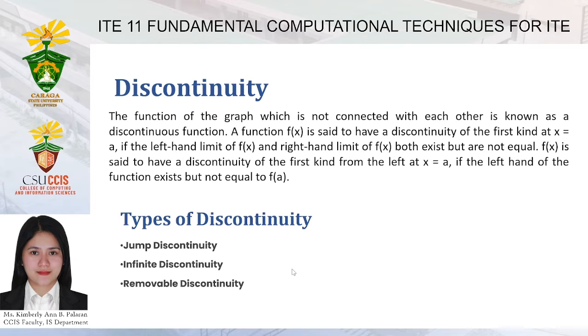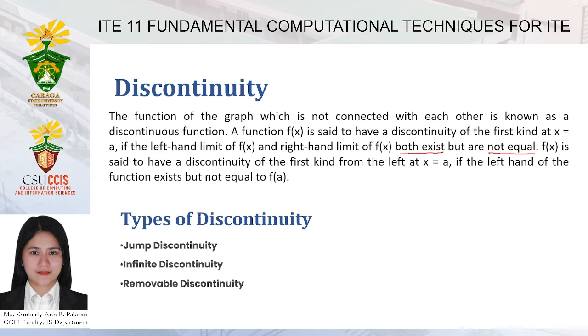A function f of x is said to have a discontinuity of the first kind at x equal to a if the left-hand limit of f of x and the right-hand limit of f of x both exist but are not equal. Take note of this. Both exist but are not equal. f of x is said to have a discontinuity of the first kind from the left at x equal to a if the left-hand limit of the function exists but is not equal to f of a. Later on, we will further understand this using some examples.